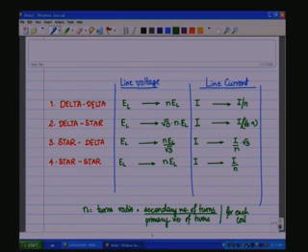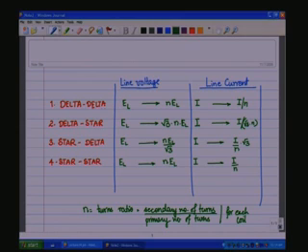And in the case of the star delta, the secondary terminal voltage is also multiplied by root 3, and in the case of the delta star, the secondary terminal voltage is divided by root 3, and the star star also has a terminal relationship with a factor of n.